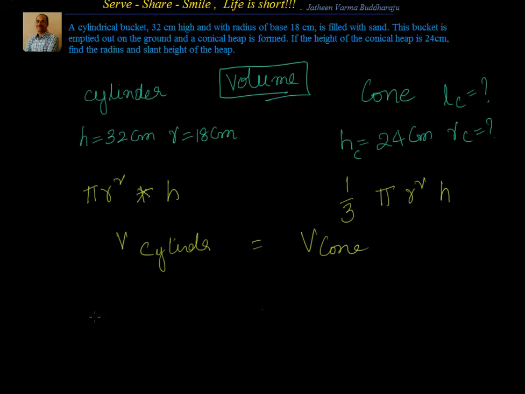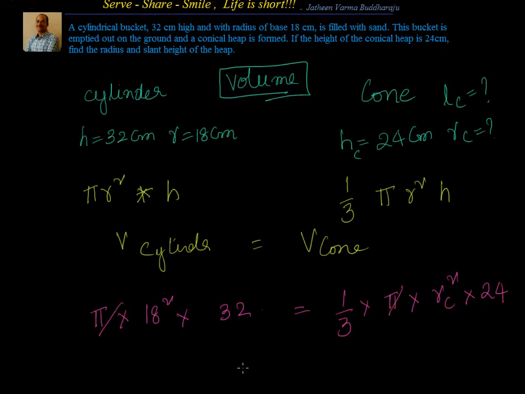So pi into r square, r is 18, square into h, that's equal to 32, equal to 1/3 into pi into RC square, I don't know, I have to find it out, into HC. HC is 24. Now we have to simplify this.